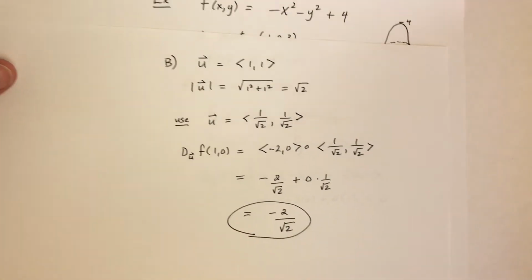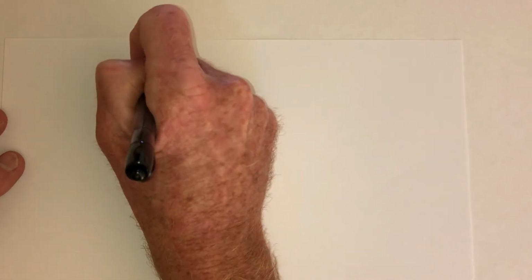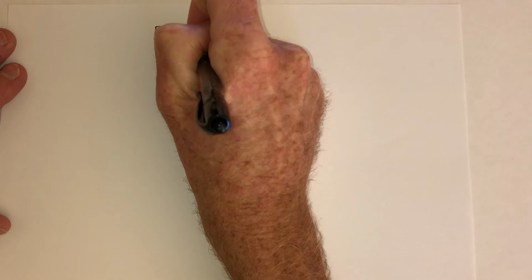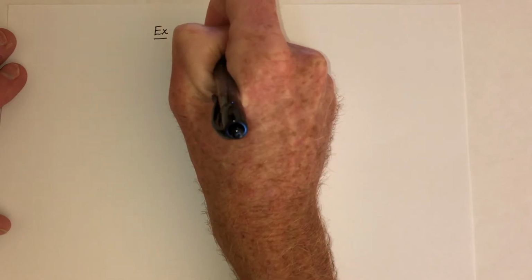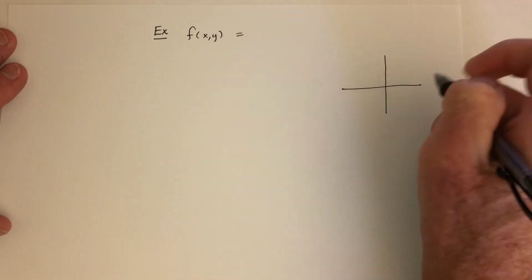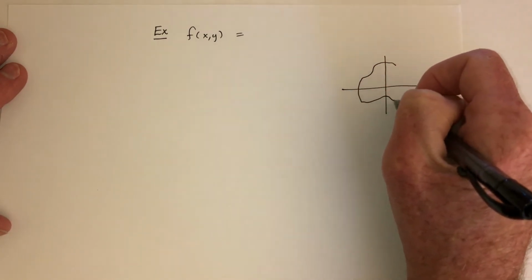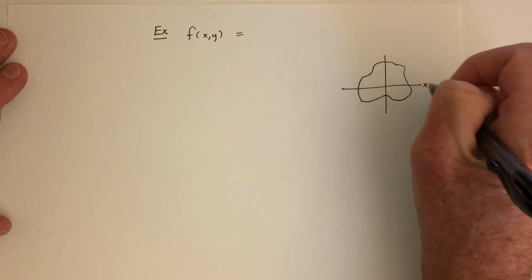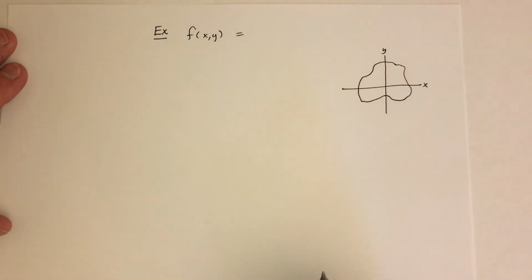Now, take a look at this example. And in this example, the function, so the idea is that there's a lake out here, and then somebody took a map of the lake and they put the x and y axis over the top of the map.